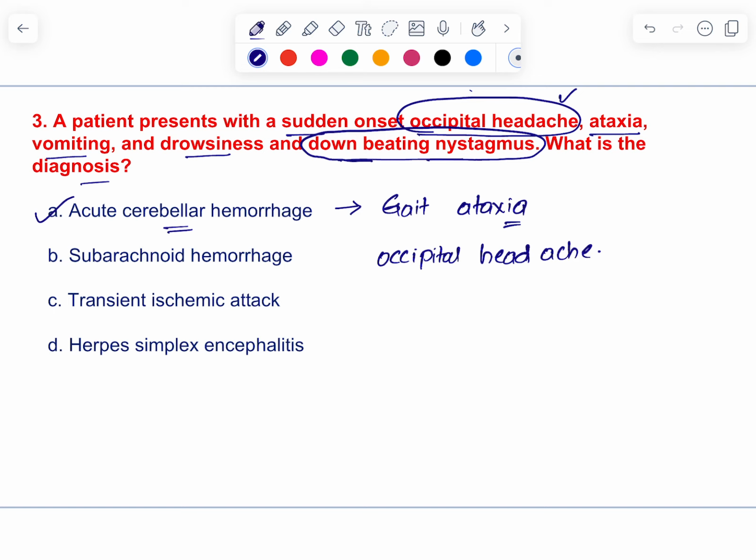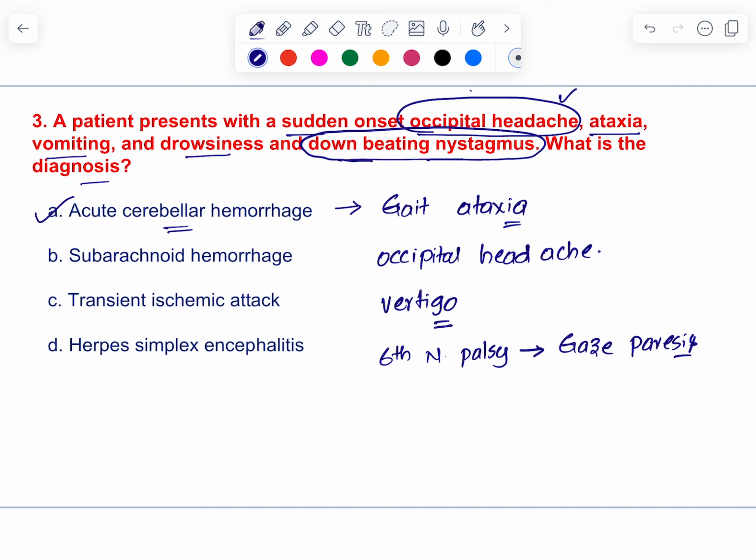And these patients will also have vomiting, dizziness, and as well as vertigo, right? They have the gaze paresis, and there will be ipsilateral sixth nerve palsy, right? And this ipsilateral sixth nerve palsy is the one which will predispose to the paralysis of the gaze.